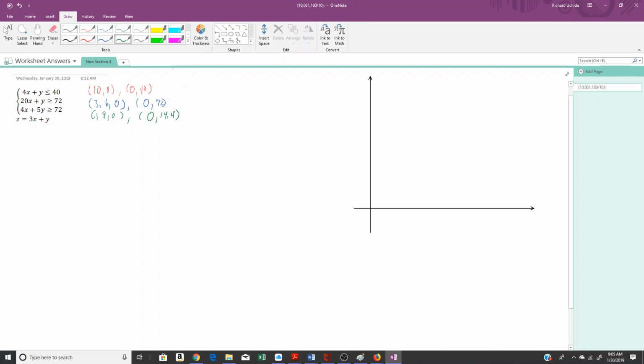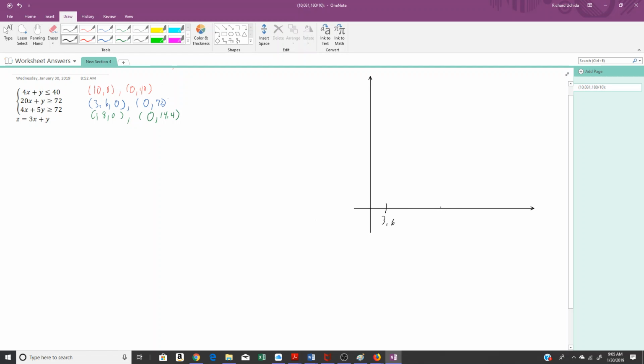So since these aren't exact values, it's not all integer values, and also some of them are pretty large, I'm just going to put approximate values of where those would be on the number line. So let's say that this is 3.6 over here.